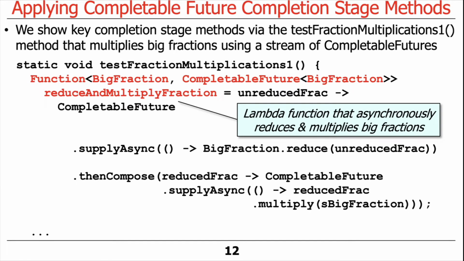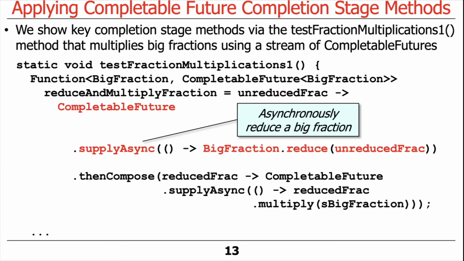Here is what the reduceAndMultiplyFraction function looks like. It's a function that maps a BigFraction to a CompletableFuture of BigFraction. You can see here that it uses the CompletableFuture supplyAsync factory method to asynchronously reduce the BigFraction.